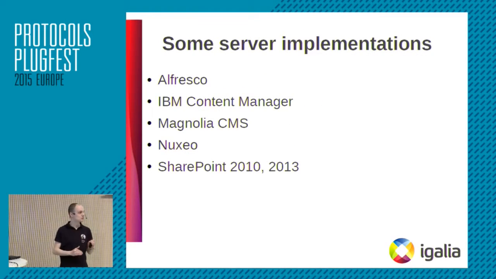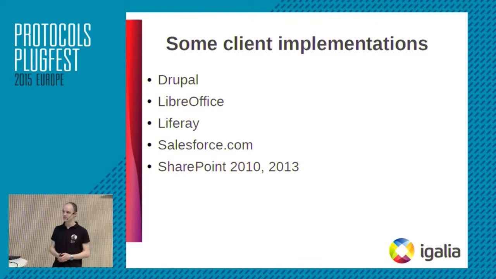This is a short list of server implementations, but there are plenty of them nowadays. We have open source ones like Alfresco or Magnolia, and closed source ones like the IBMs or Sharepoint, which I came here to talk about. And this is a short list too of client implementations.